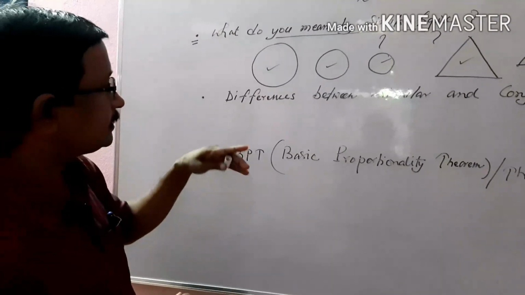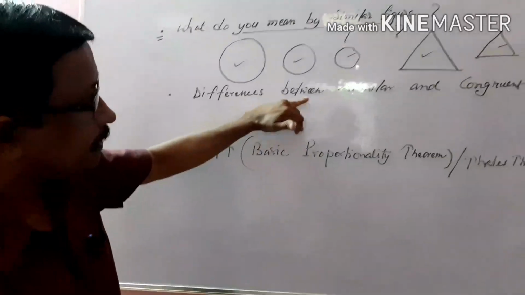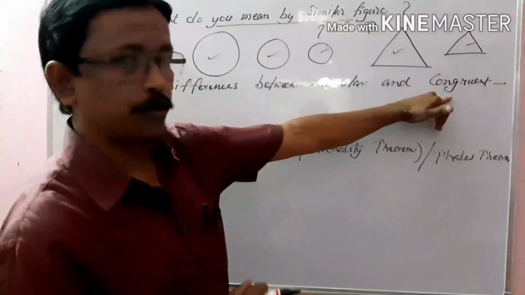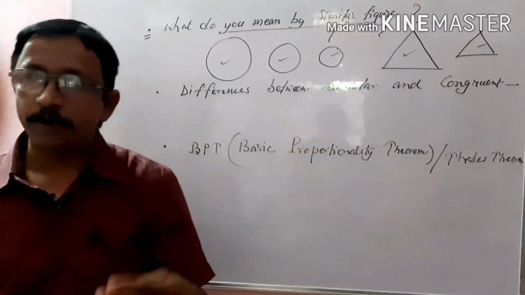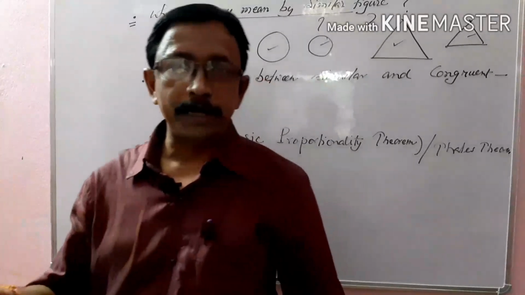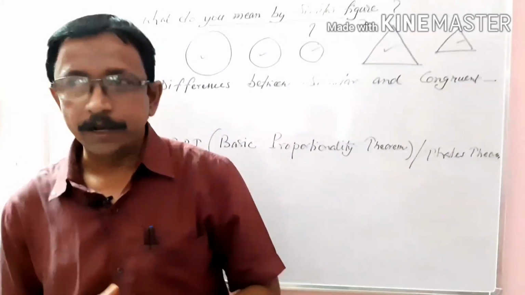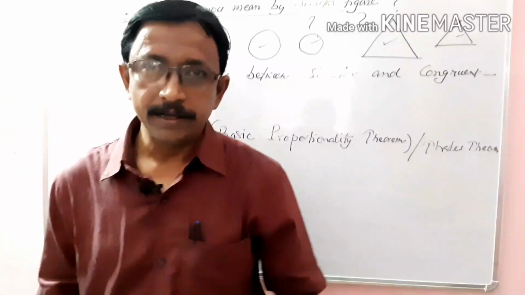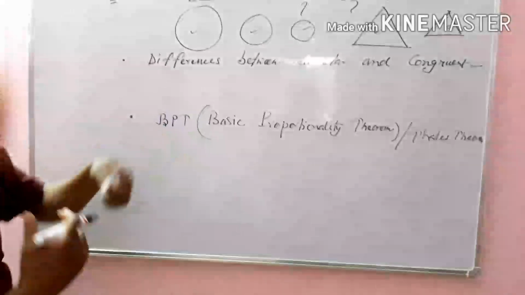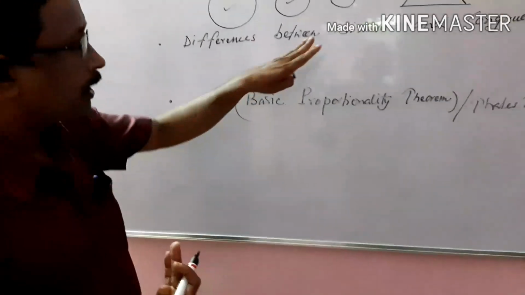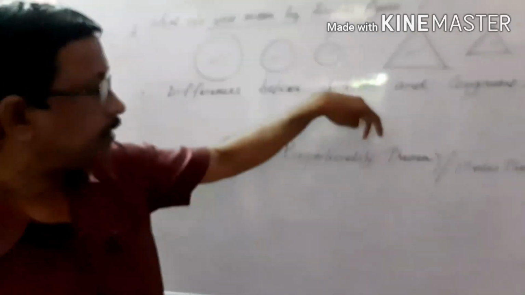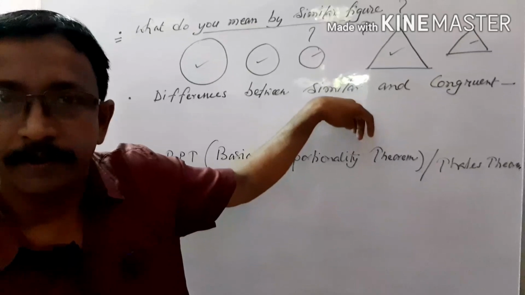But now the point is, what is the difference between similar and congruent? In class 9, you have learned the properties and concept of congruent triangles. So in this regard, I am reminding you what congruent means and what the difference from similar is.